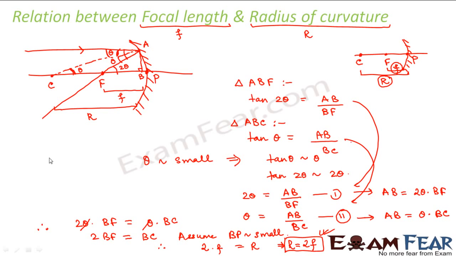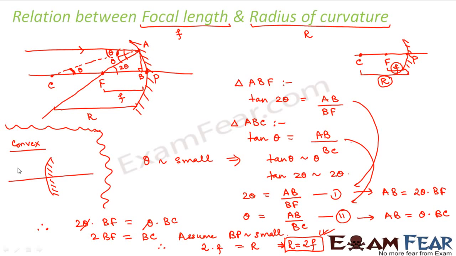So I'll just draw it for your reference. In case of a convex mirror, it would be somewhat like this. A ray of light incident parallel to the principal axis, after reflection it will diverge in this way.